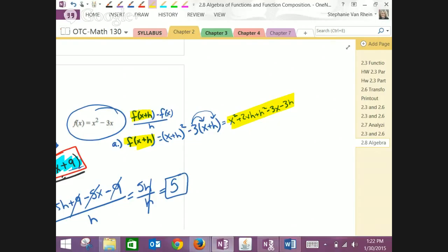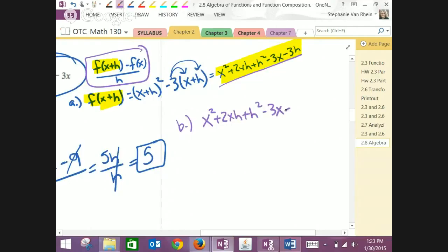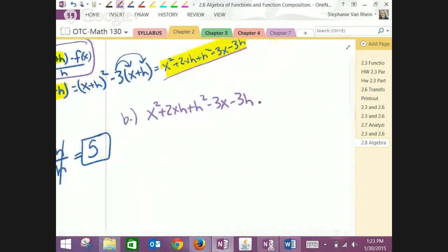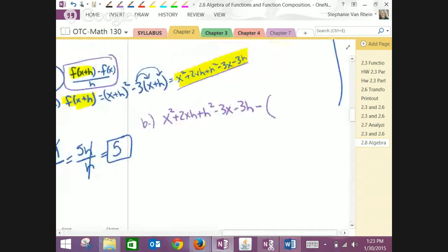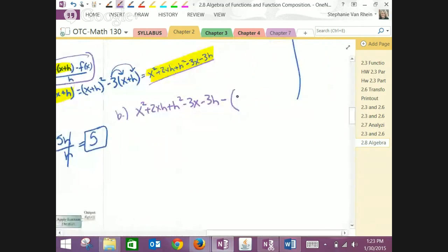So now to do the difference quotient, the difference quotient we have listed here. I already have the x plus h, so I'm just going to write it: x squared plus 2xh plus h squared minus 3x minus 3h. Minus, open parenthesis, then I write the original function, x squared minus 3x.